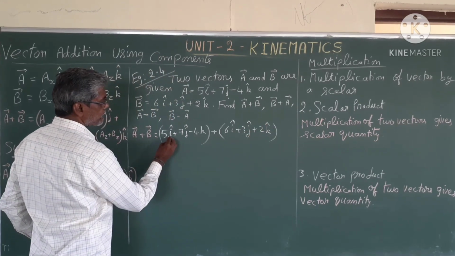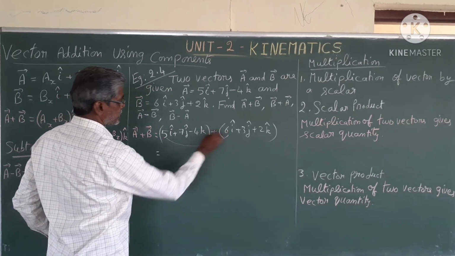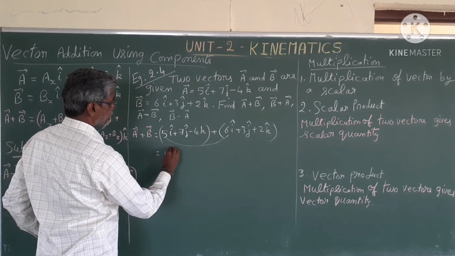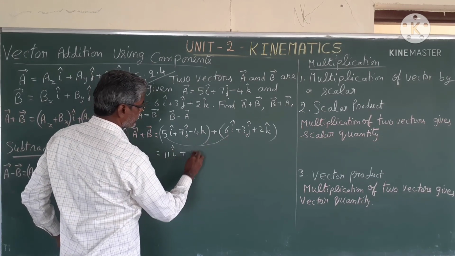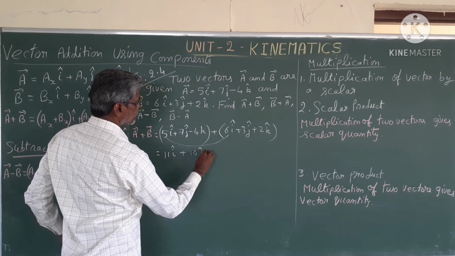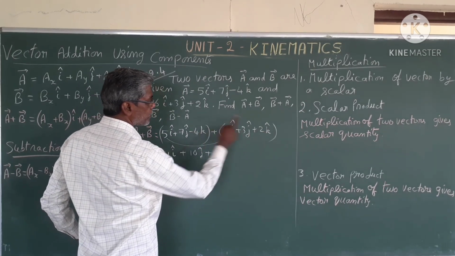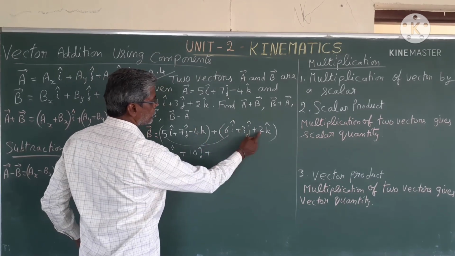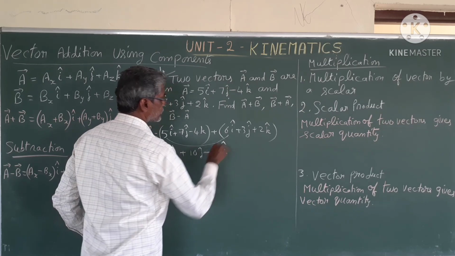Now you add the magnitude of i component. So 5 plus 6, 11i. Now add the magnitude of j component. 7 plus 3, 10j plus add the magnitude of k component. Minus 4 plus 2. So it becomes minus 2k vector.